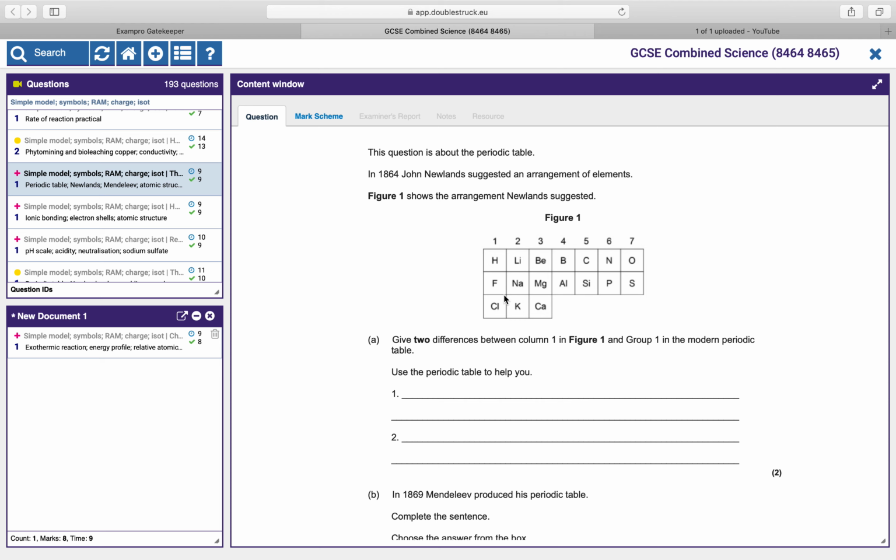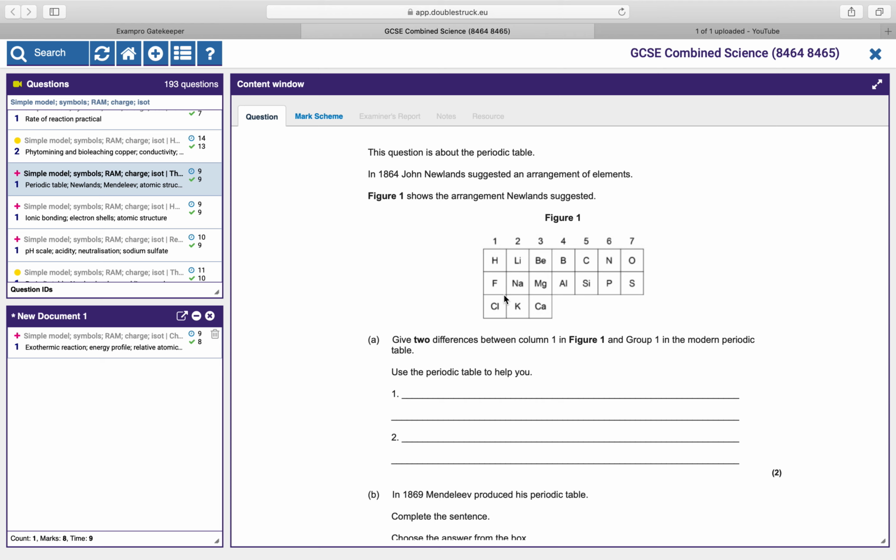in the Newlands table, group 7 elements are in group 1, on the first column.